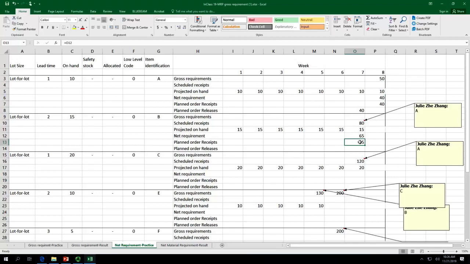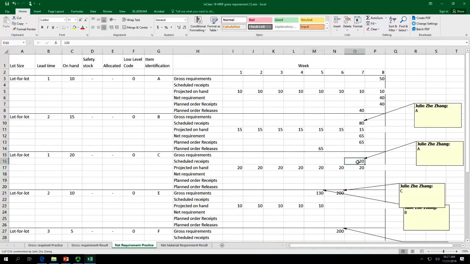If you want to receive 65 components at the end of the 7th week, the order should be released in the 5th week. So this is for B.